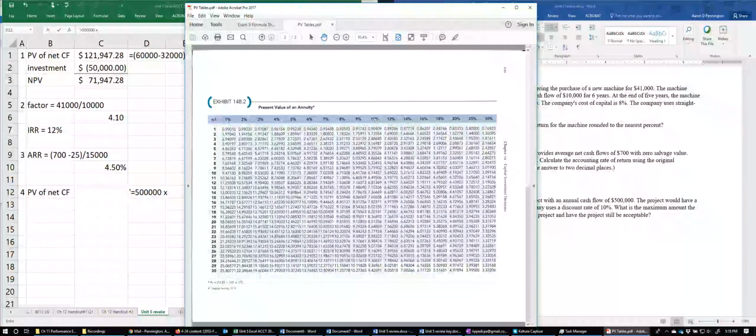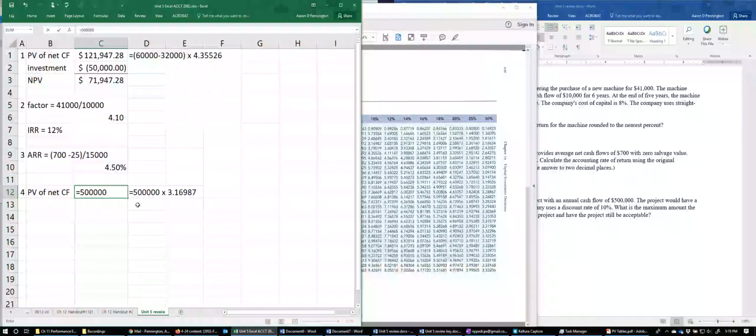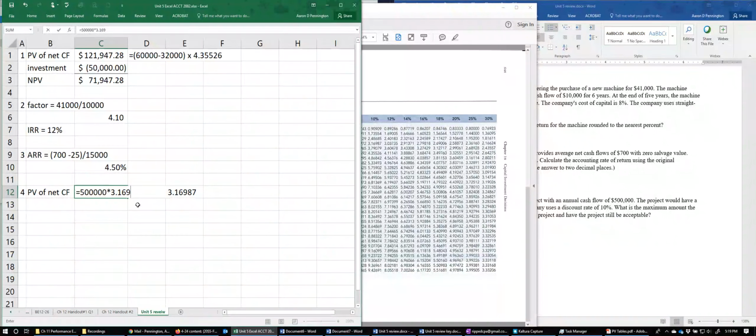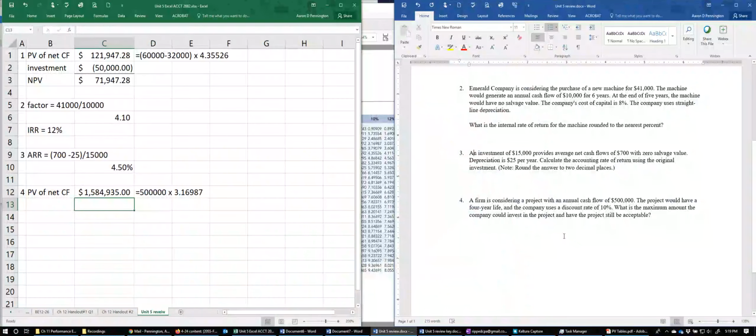So 10%, 4 years, which is 3.16987, which gives us $1,584,935.